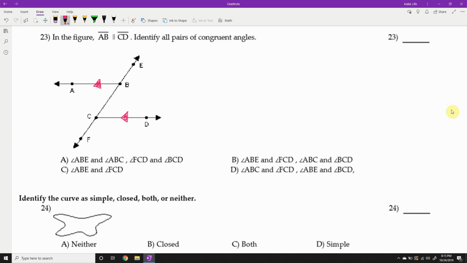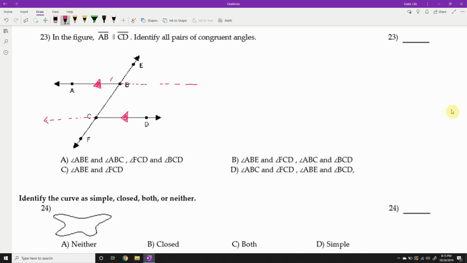Okay, well, we can imagine that if this ray were continued in this direction and this ray were continued in this direction, then we would have two parallel lines cut by a transversal, in which case we would have alternate exterior angles congruent.